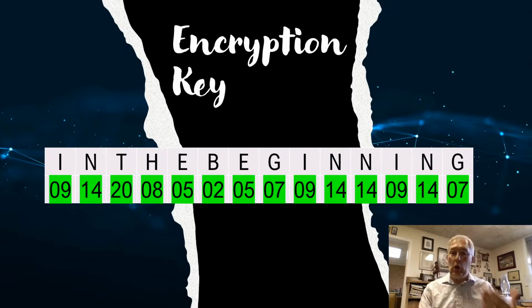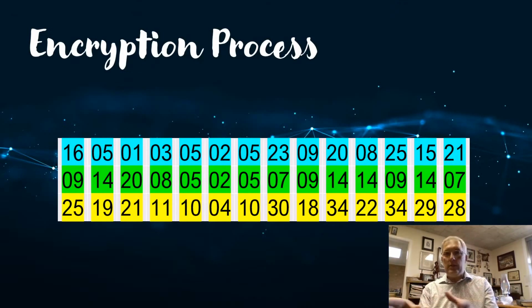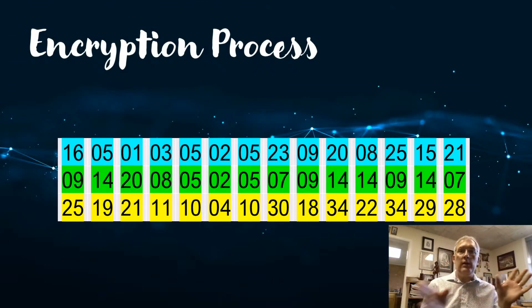Then to get your coded message, which is highlighted in yellow here, you add together your message and the encryption key. So 16 plus 09 is 25. 05 plus 14 is 19. 01 plus 20 is 21. Simple addition. You don't borrow or carry or go outside of your 2-digit column. That's one of the rules here.